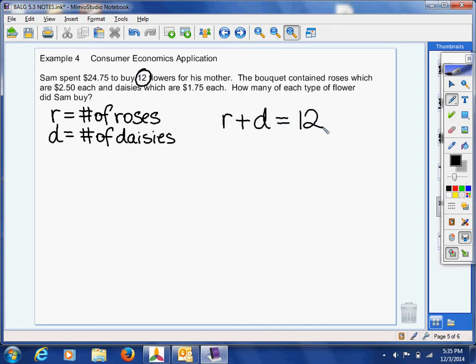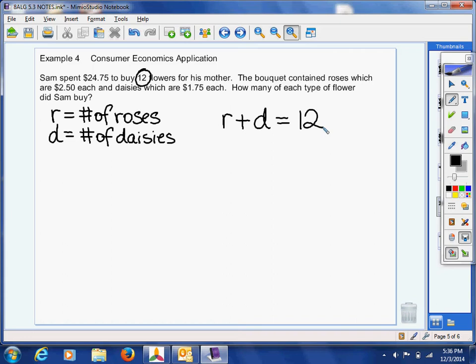R being the number of roses, D being number of daisies, and some combination of numbers for roses and daisies is going to give us 12. It could be 0, 12, 1, 11, 2, 10, 3, 9. I don't know what the combination is, okay? So we're going to leave it as R plus D equals 12, okay?